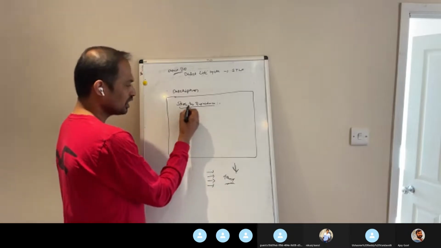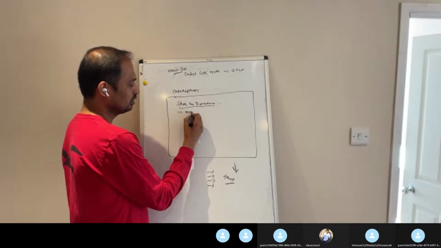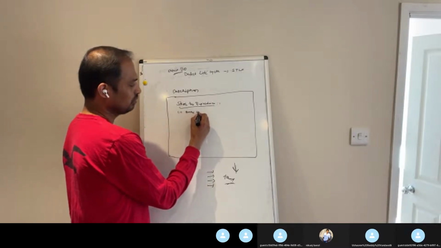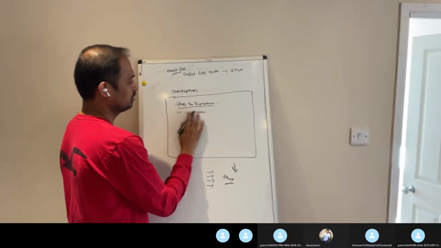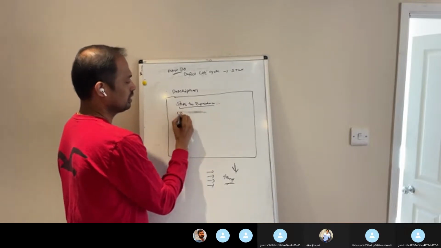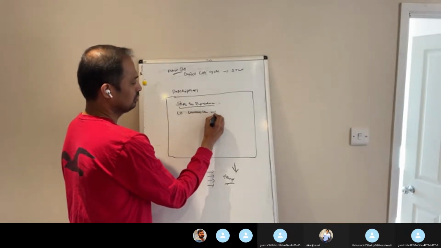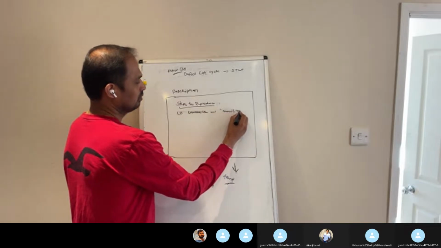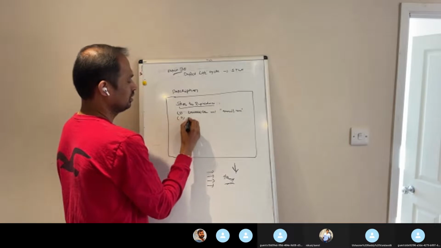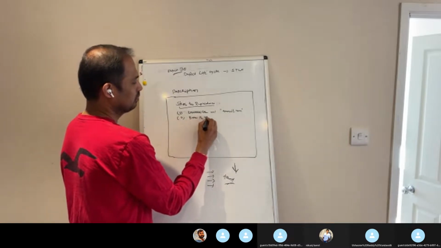So in steps to reproduce, what are we going to do? First, launch the URL, gmail.com. Second, enter the username.